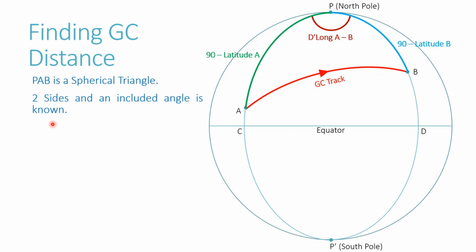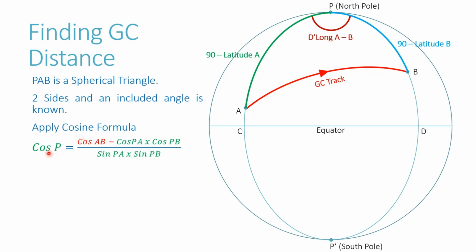Let's apply the cosine formula for angle P. So cos of any angle is equal to cos of opposite side minus cos of adjacent side 1 multiplied by cos of adjacent side 2, whole divided by sine of adjacent side 1 multiplied by sine of adjacent side 2.